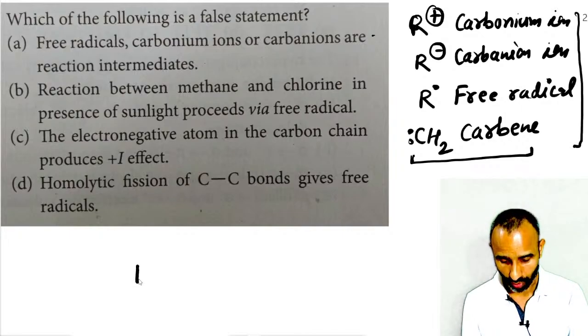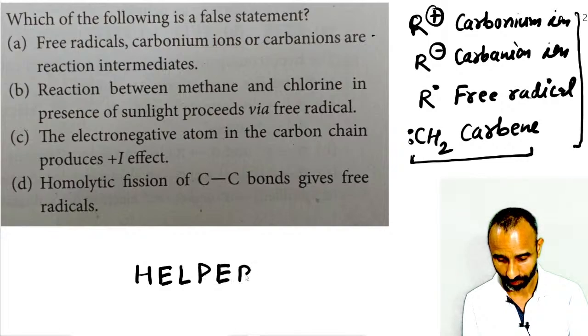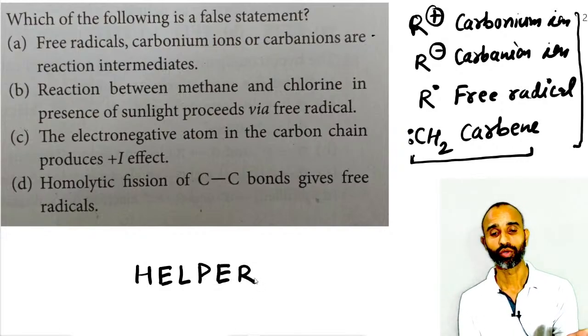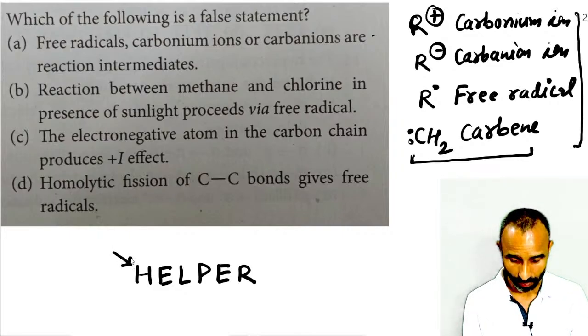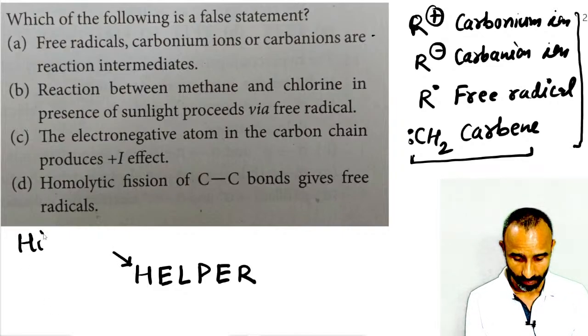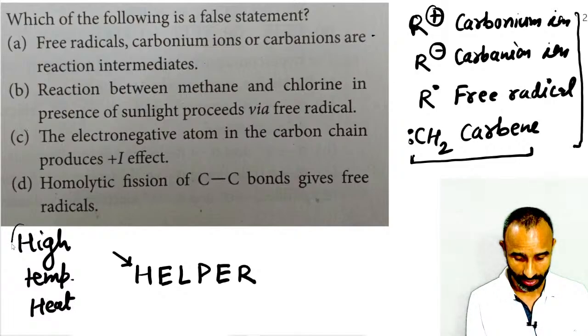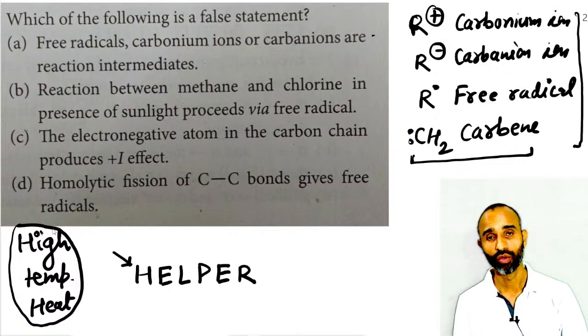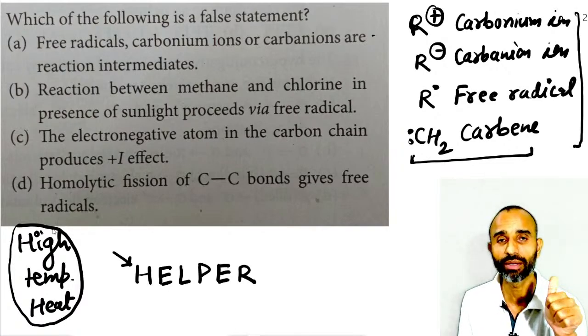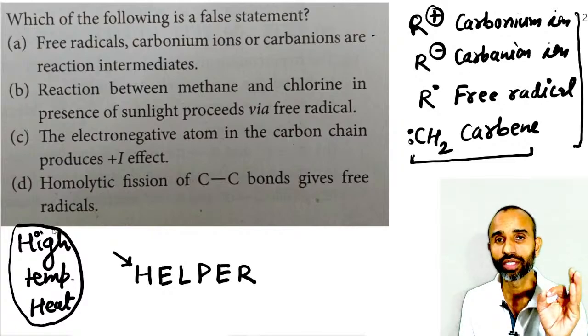You should keep in mind this word, HELPER. H means heat or high temperature. So any reaction which is taking place at very high temperature means it is a free radical reaction.